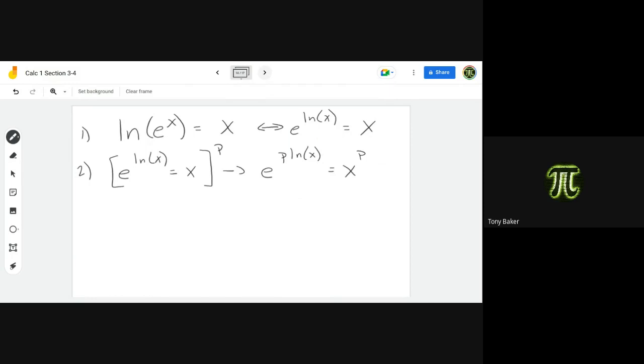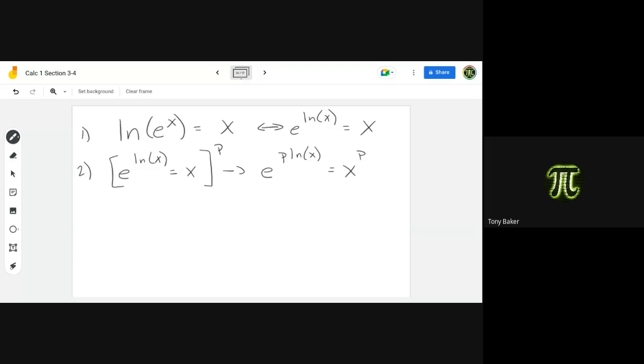All right. So ln e to the x equals x. Does everybody agree with that statement? Ln and e cancel each other out, correct? Same thing over here. The e and the ln cancel each other out. So those two statements are true. As long as I do the same thing to both sides of the equation, does it change my problem?